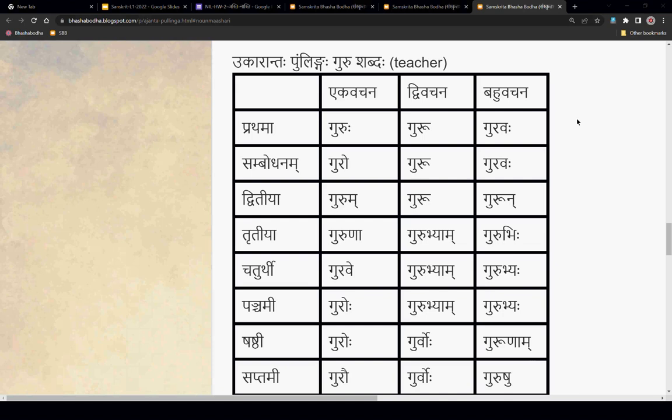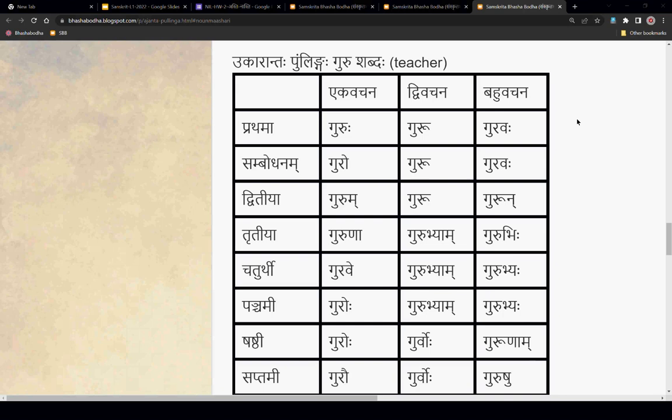Guruho, Bhyam, Guru Bhyaha. Guruho, Gurvoho. Gurau, Guru Yam.